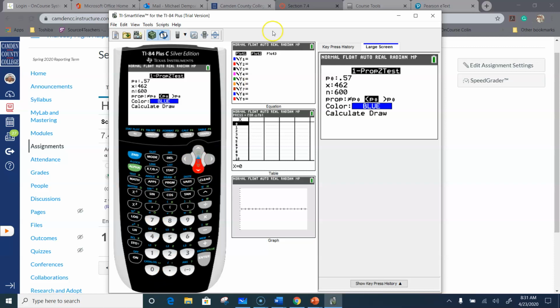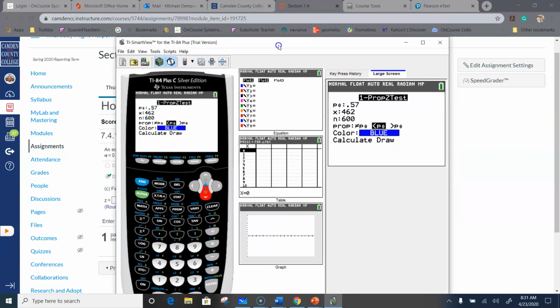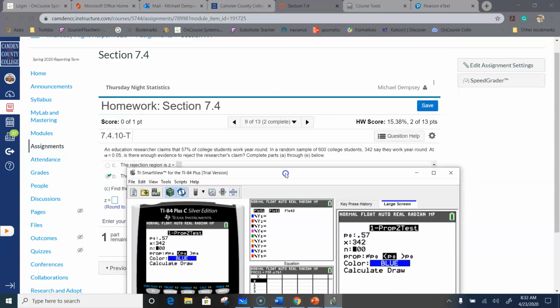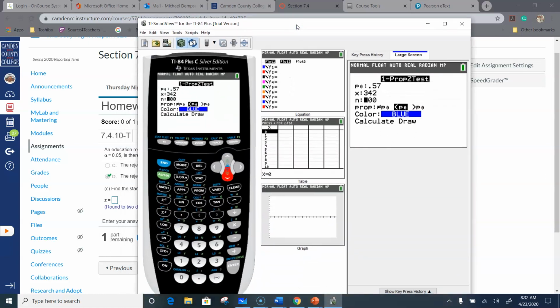Then we have to examine carefully the statistic they gave us. 342 out of 600. The 600 is already there. 342 out of 600 is certainly different from 57%. The question is, is it significantly different, so much so that we would reject the claim of 57%? So we go ahead and calculate.